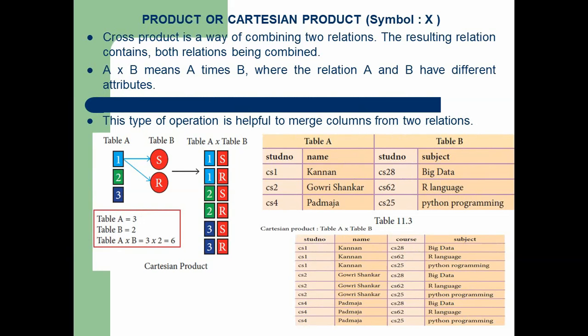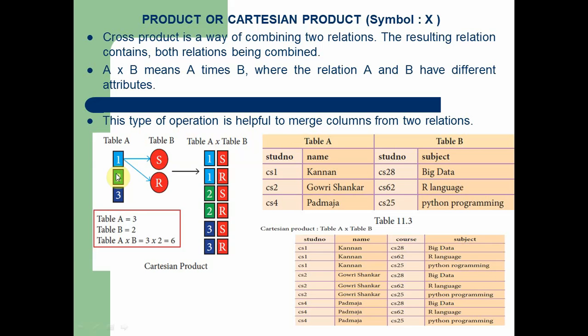The next one is the product, or Cartesian product; the symbol X is used in RDBMS. Cross product is a way of combining two relations. The resulting relation contains both relations being combined. So here A times B means that relations A and B have different attributes.